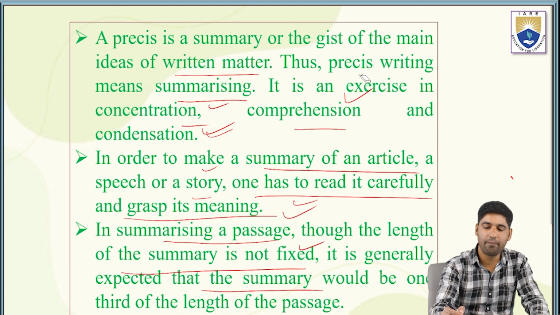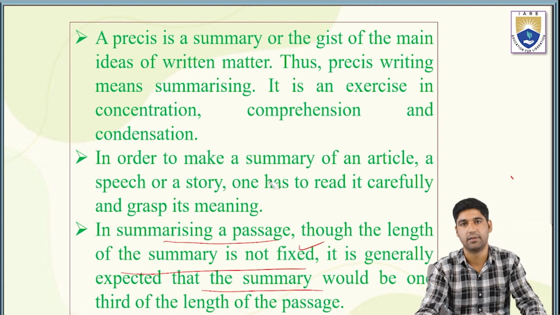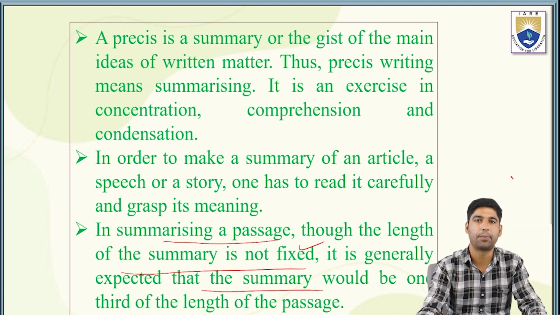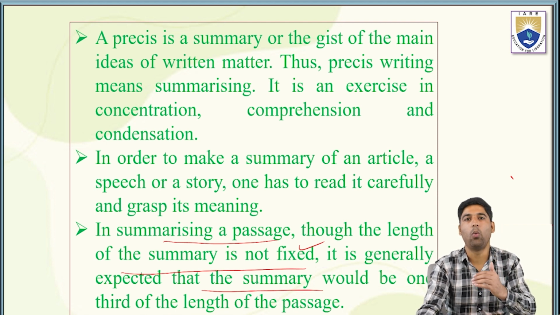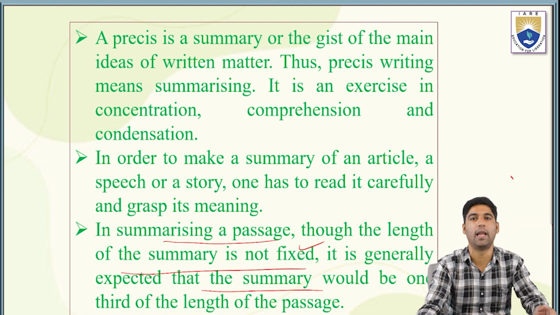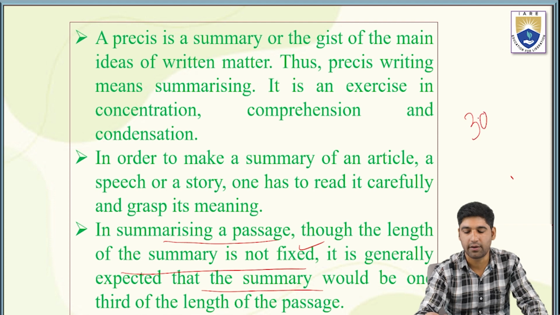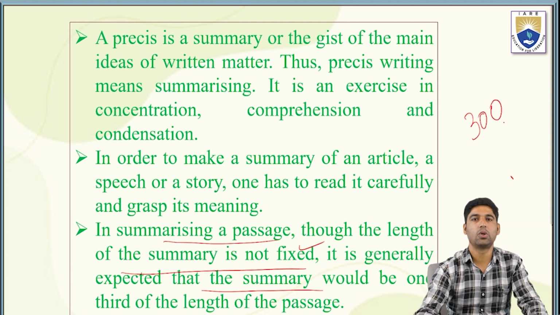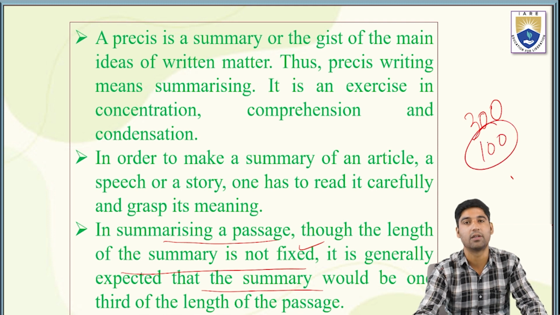So there is not any set rule, but it's mainly accepted in all the circles of writing that the precis should have one third of the actual length of the passage. That is, if we have a passage of 300 words, our precis should be around 100 words.